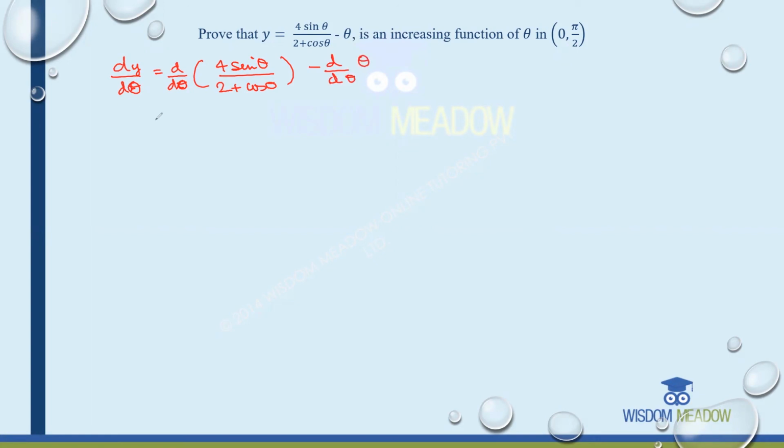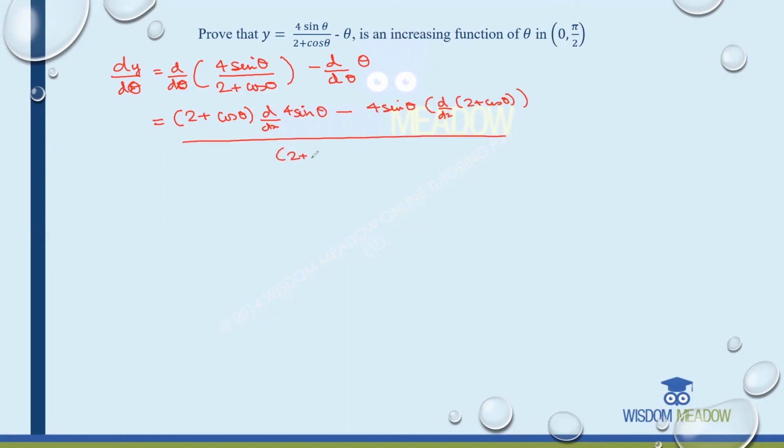So now over here, we have to use the quotient rule. So 2 plus cos theta into derivative of 4 sine theta, minus 4 sine theta into derivative of 2 plus cos theta, over 2 plus cos theta, the whole square, minus 1.